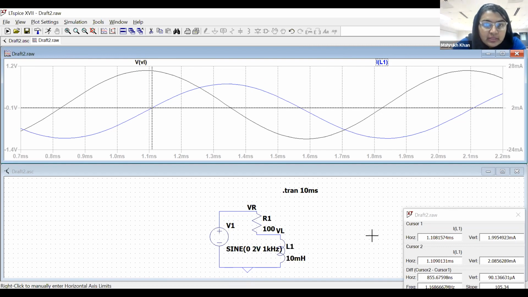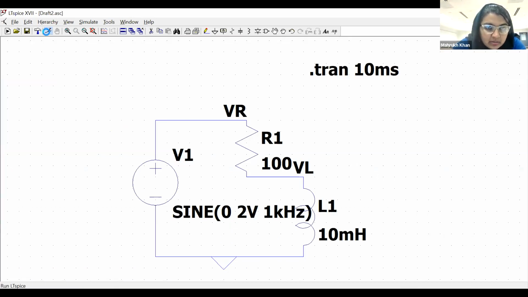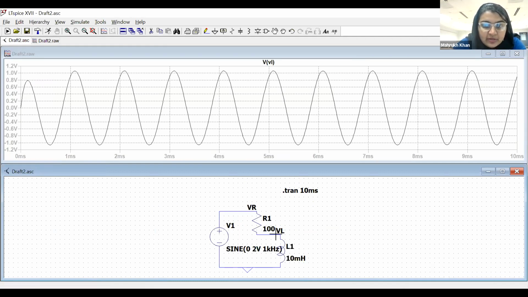So the point I'm telling is that where your voltage across inductor and current across inductor are 90-degree out of phase to each other, right? We were saying that current and voltage across inductors should be 90-degree phase difference across each other, right?